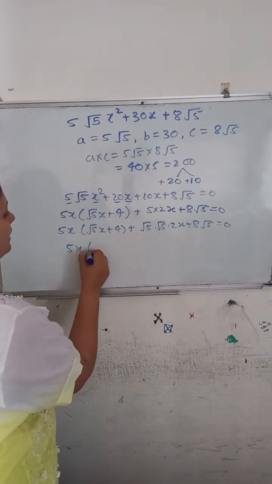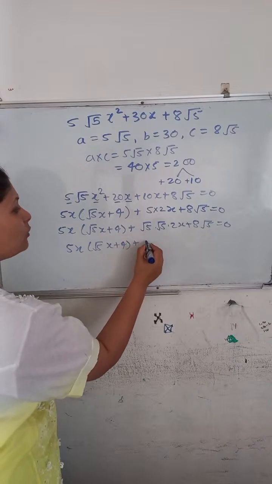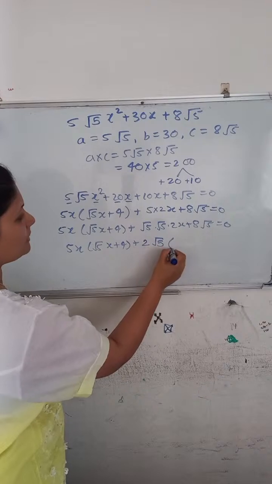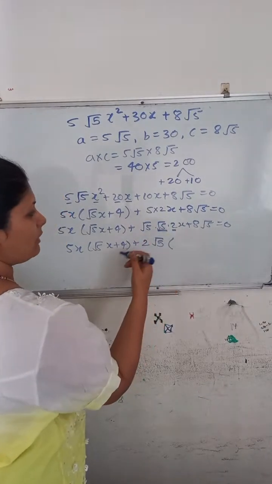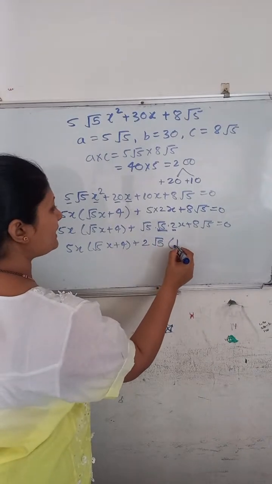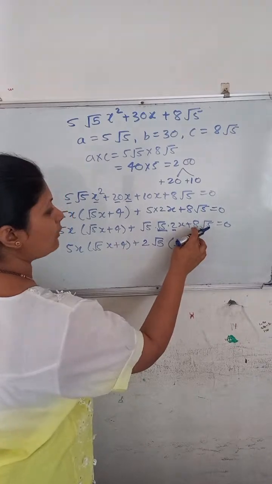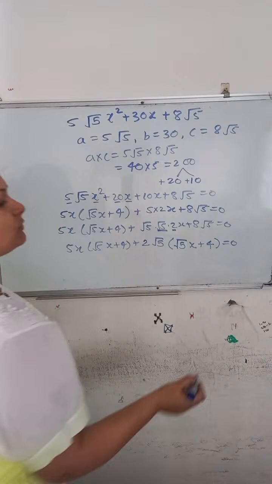Now here I can take 2 common and root 5 common. So inside this bracket, only root 5x will remain, and 2 is already taken out, and 4 and root 5 also I took out, equal to 0.